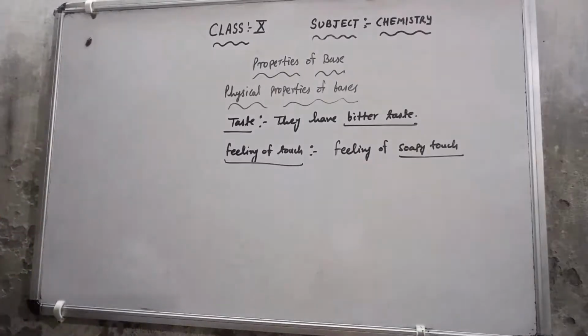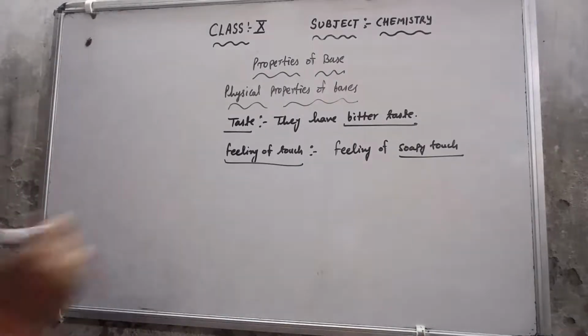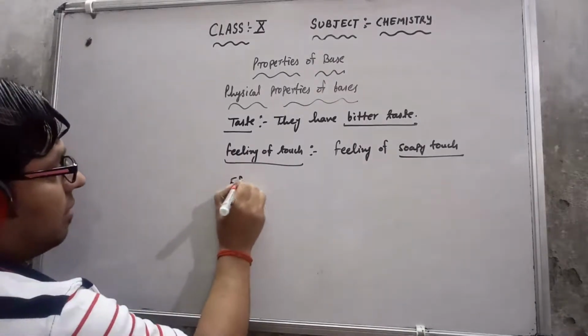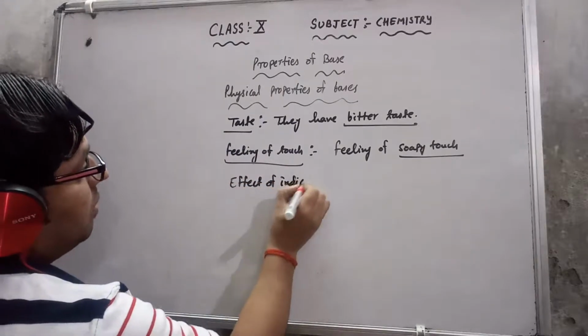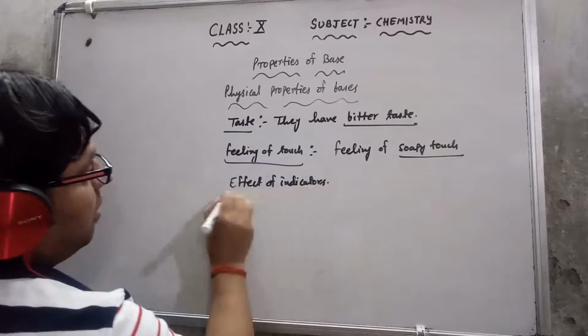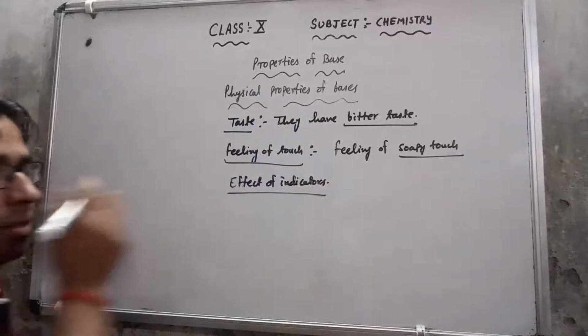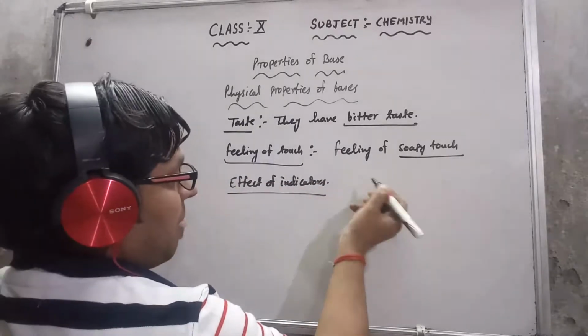Now after this, the effect of indicators. The third is their effect on indicators. There is litmus paper.